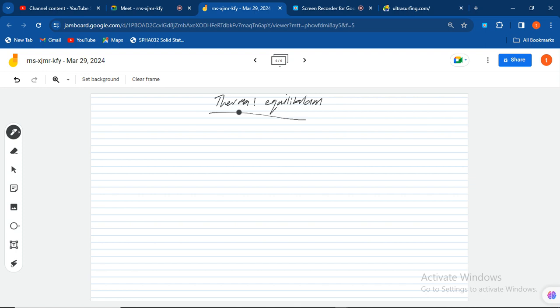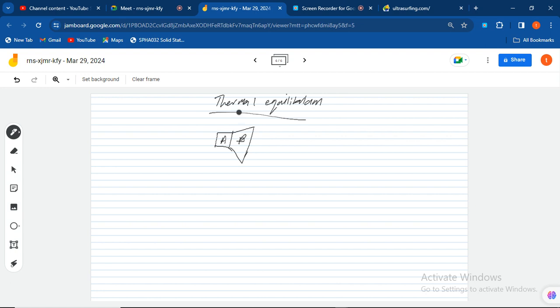Suppose we have two objects, A and another one, B, and they are in thermal contact.